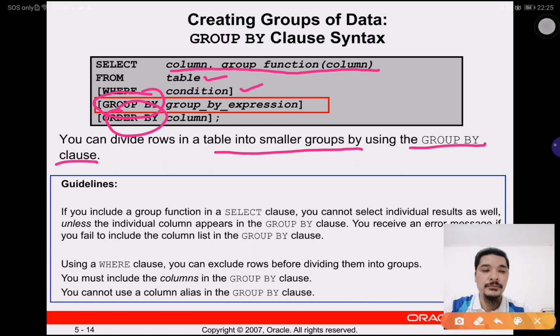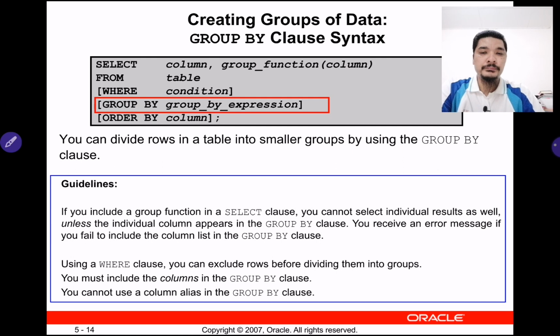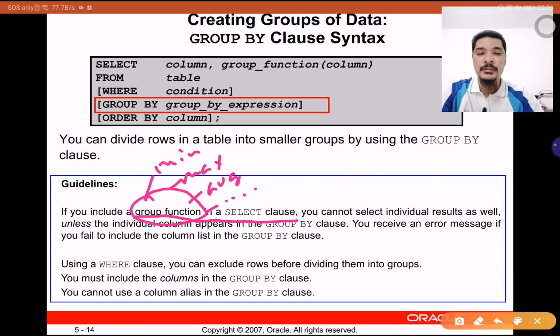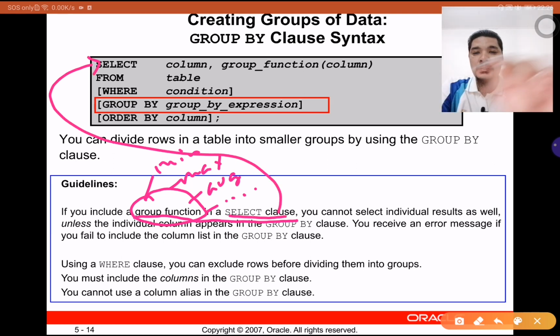Okay, guidelines for this one. If you include group functions in the select clause, okay, listen carefully. What are group functions? For example, from the previous part 1, min, max, average, and so on. Okay, refer back to part 1. If you include a group function in a select clause, select means here, right?